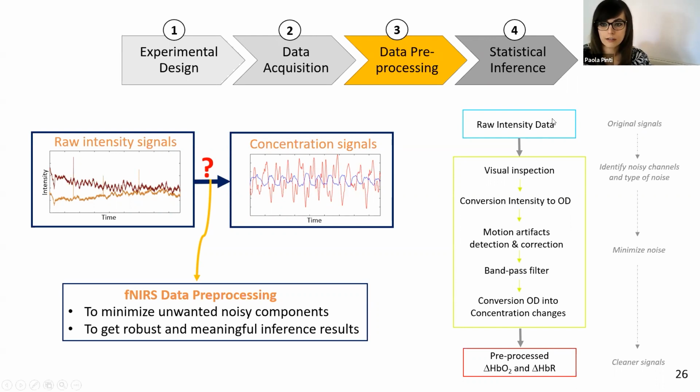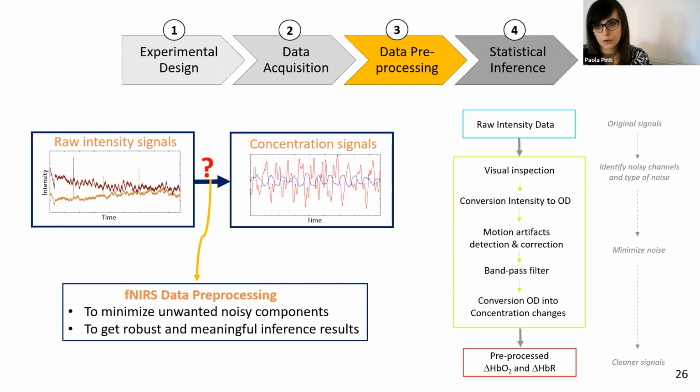I usually start from a visual inspection of my raw intensity data. Typically I do this to identify noisy channels, what type of noise I have in my data, and if there was any saturation of any channels that has to be excluded.